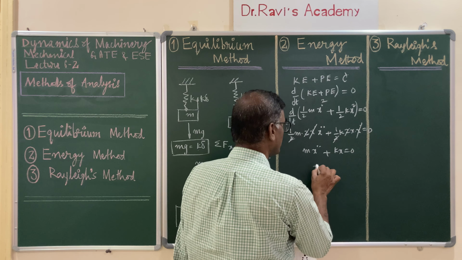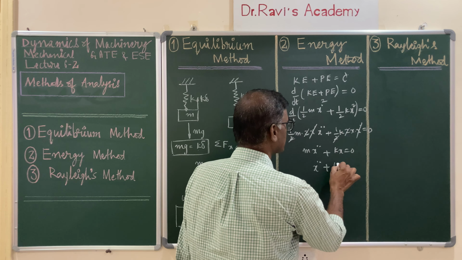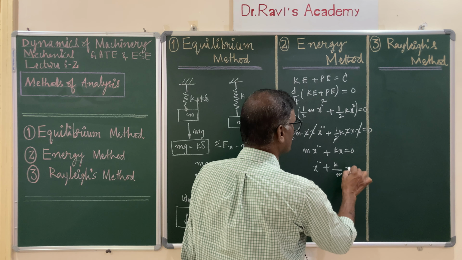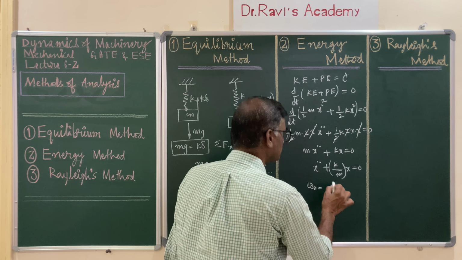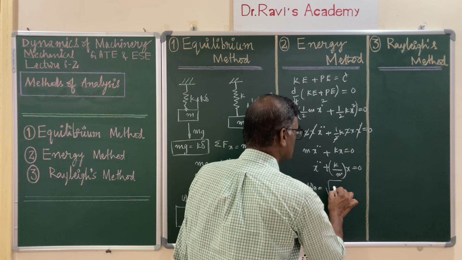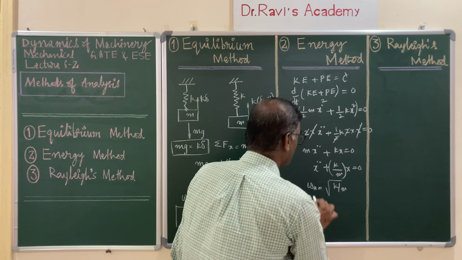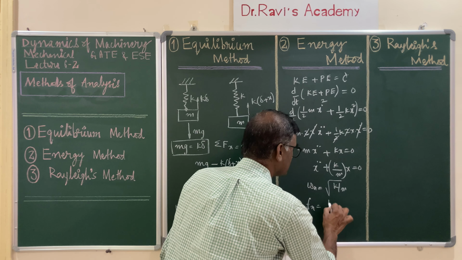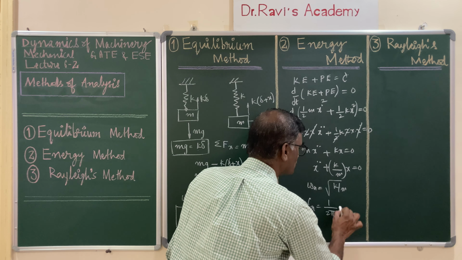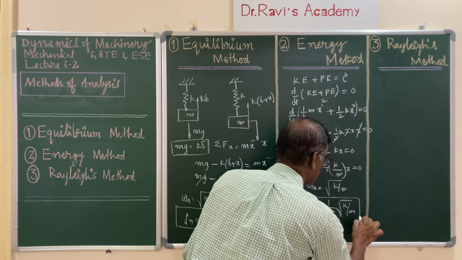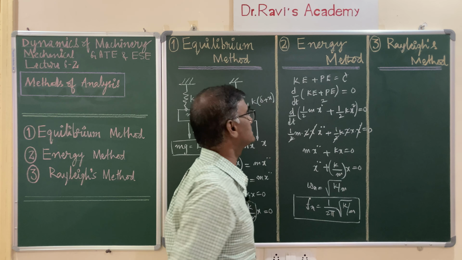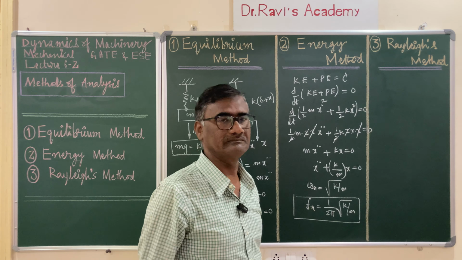Bring this in the standard form, that is x double dot plus k by m into x is equal to 0. From this, the radian natural frequency is under root k by m, and natural frequency is 1 by 2 pi into under root k by m. So this is the second method of analysis of spring mass system.